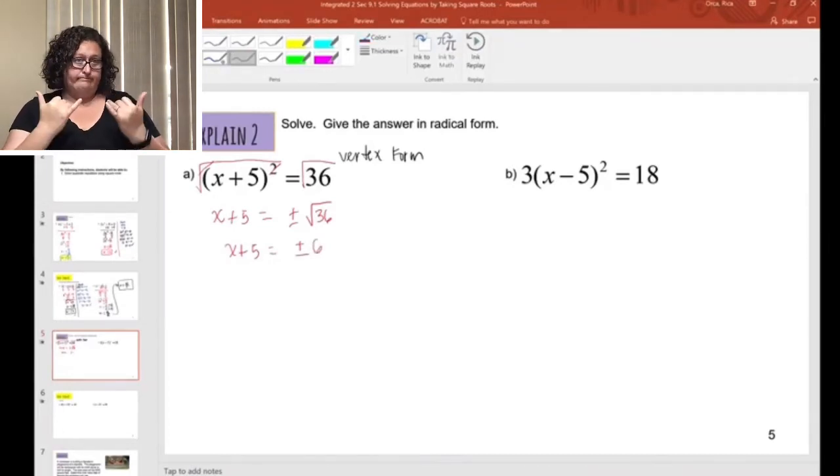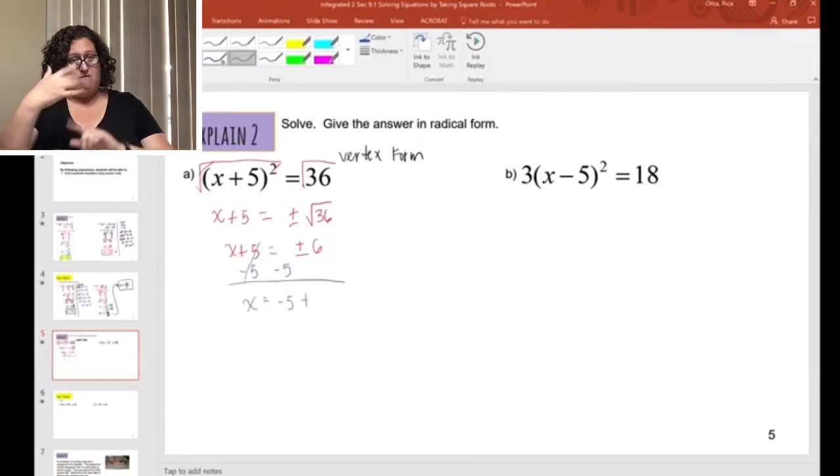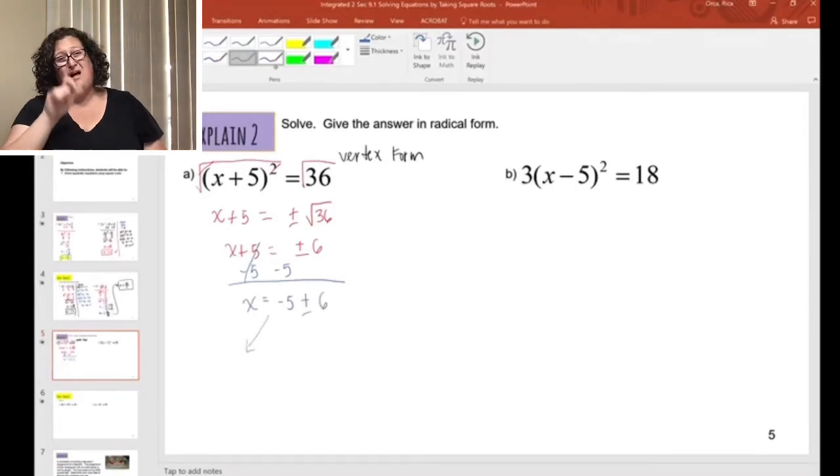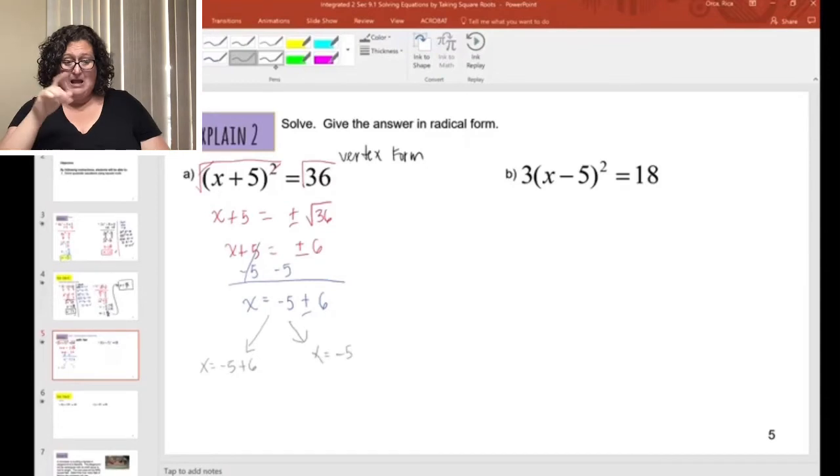Now we want to isolate x, so let's subtract 5 from both sides. x will equal negative 5 plus or minus 6. So we're actually going to have two solutions. We'll have x equals -5 plus 6 and x equals -5 minus 6.